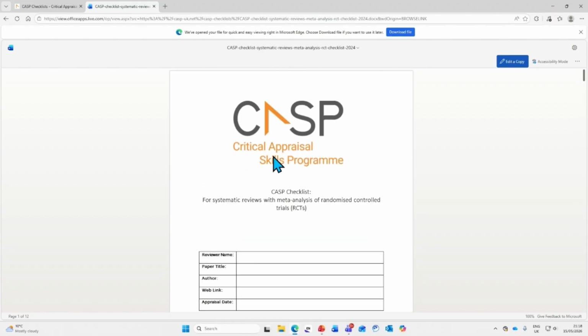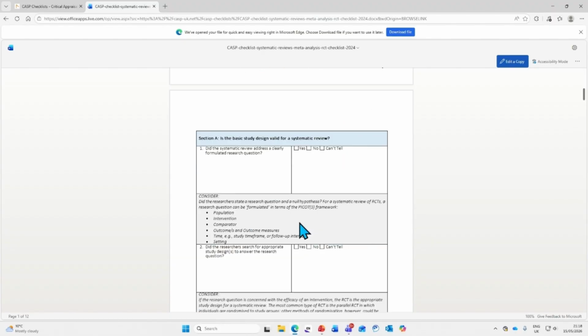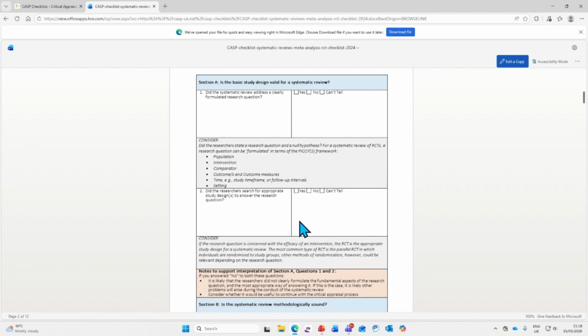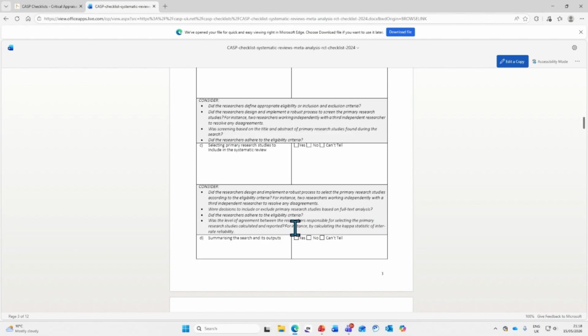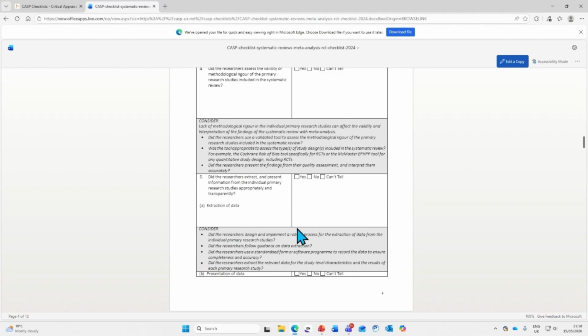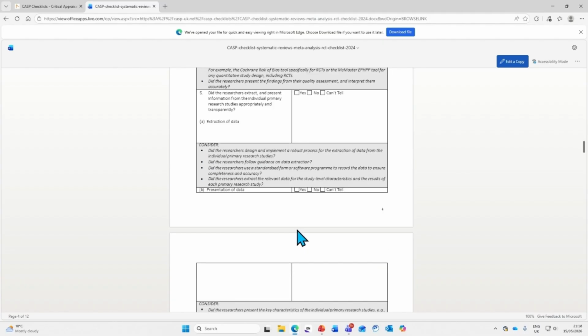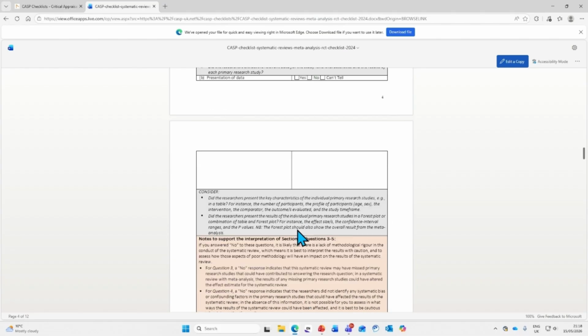And this is what the checklist looks like. So we have the checklist with the 5 sections, and each of the sections has questions. And these questions offer a series of prompts that would help you appraise the paper. The response options that are available are yes, no, and can't tell.